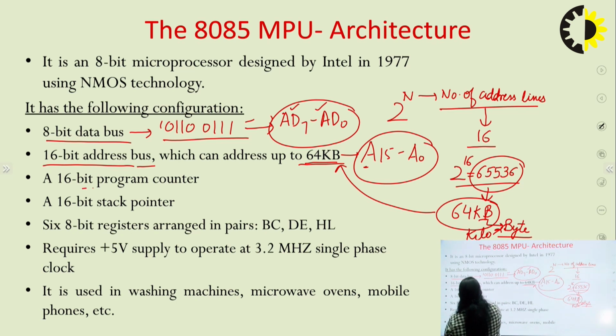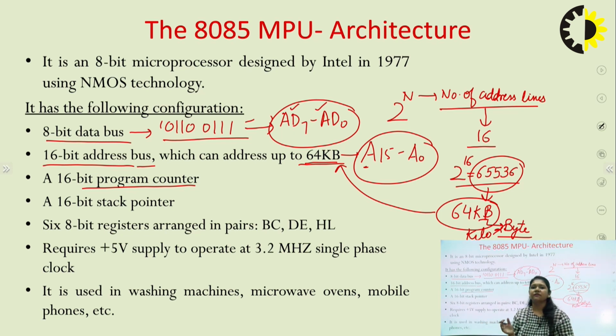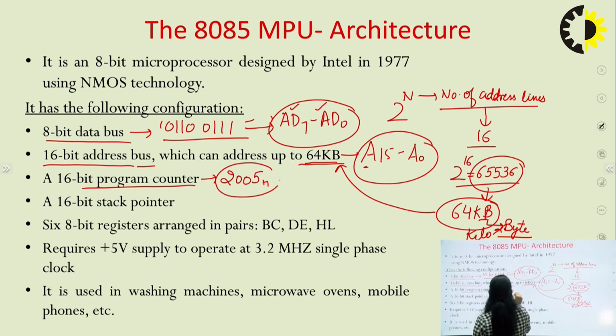Next, it has a 16-bit program counter. Program counter basically is a counter which stores the address of the next location which the microprocessor has to execute. Suppose the microprocessor has to pick the data from the location 2005H. Suppose our data is at this location, 2005.